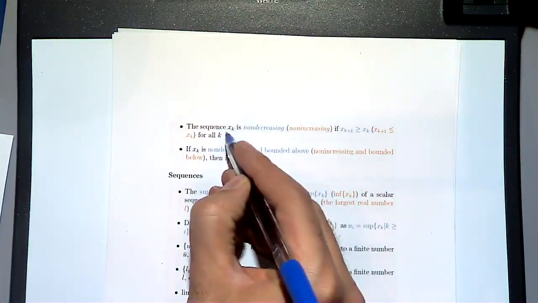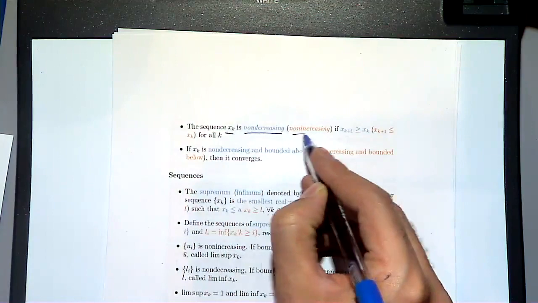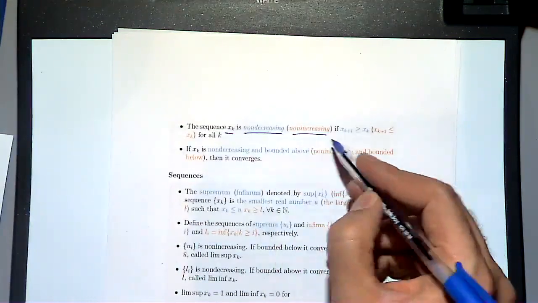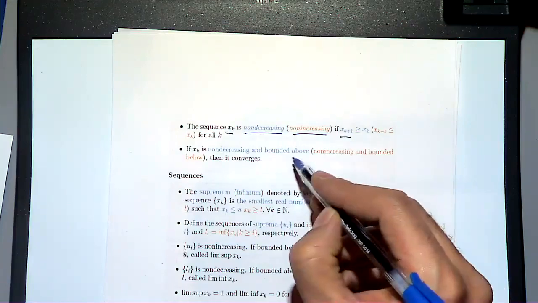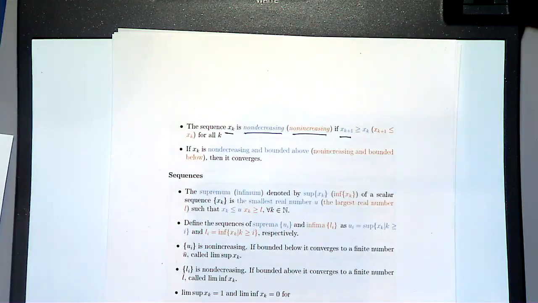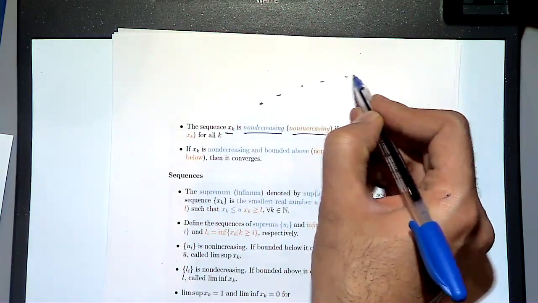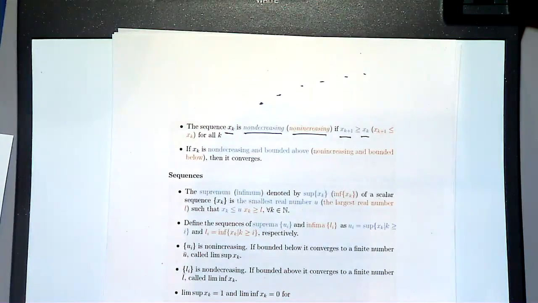We call a sequence non-decreasing or non-increasing. In terms of a non-decreasing one, the next point in the sequence is larger than or equal to the previous point in the sequence. So it looks like this. It's a non-decreasing sequence.